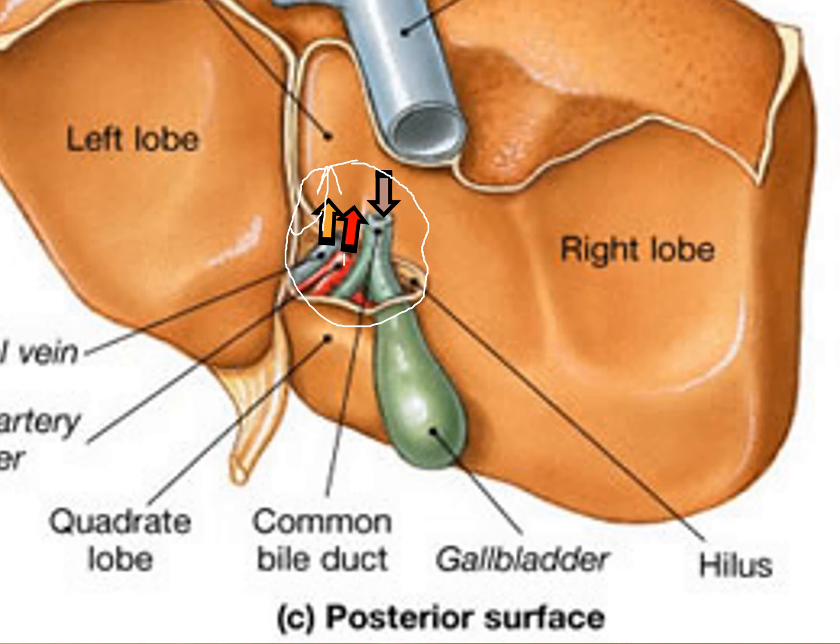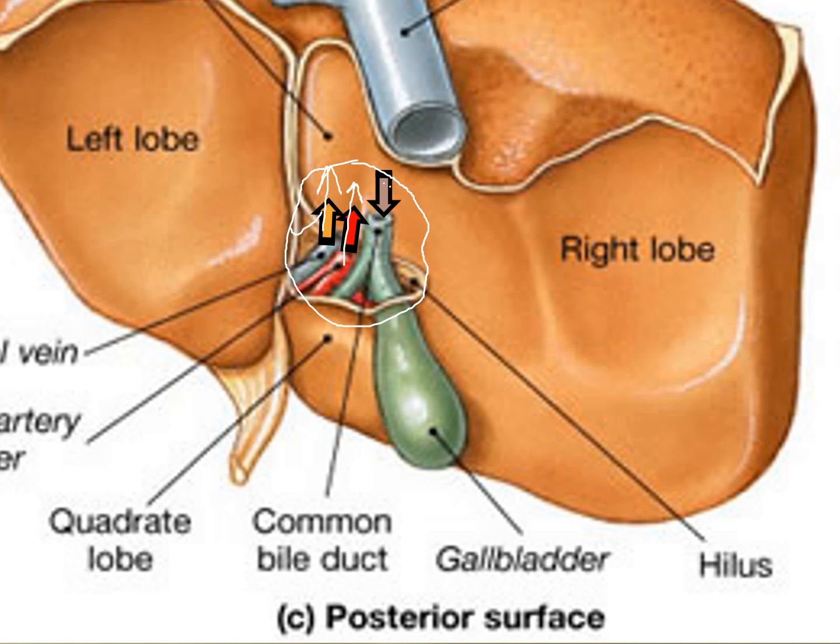Point number 2 is the hepatic artery. Obviously the artery will bring blood to the liver, right? So the direction of the arrow is like this. The next part is the hepatic duct, which brings the bile out from the liver. So the direction of the arrow is opposite in this case, because it's going to bring the product from the liver to outside, whereas it's just the reverse in case of the others.